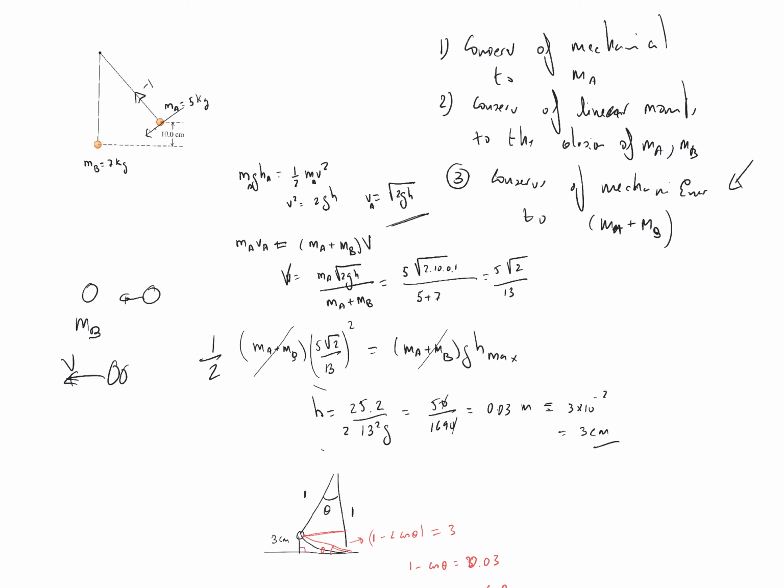So the h will be 1/2 times 2.5 squared, the square root of 2 is 2, 13 squared is here, and g. If you do it, I think I forgot the 2, so it will be 1.5 centimeters.